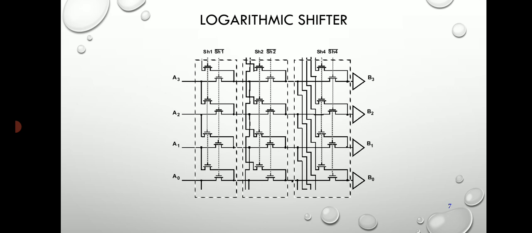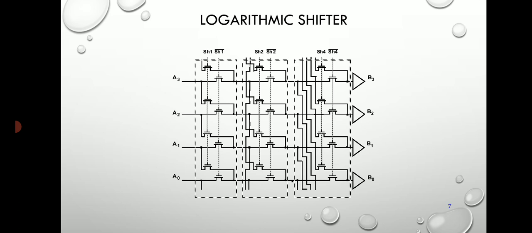The next one is the logarithmic shifter. This shifter is based on 3:1 mux cells, consisting of 4 stages in the order of 1 bit, 2 bit, 4 bit and 8 bit. It also performs the following operations: shift right logical, shift right arithmetic, shift extension, shift left logical and shift left arithmetic.